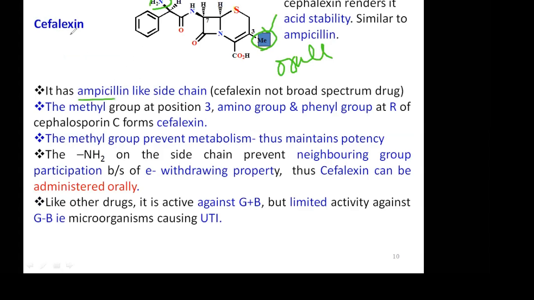Do not think that this drug is also broad spectrum. It is not a broad spectrum one. It is active against gram positive bacteria, but has limited activity against gram negative bacteria causing UTI infections.